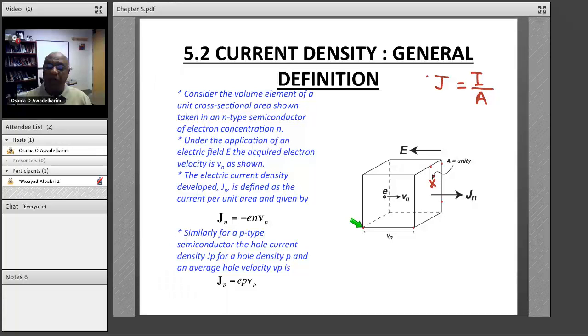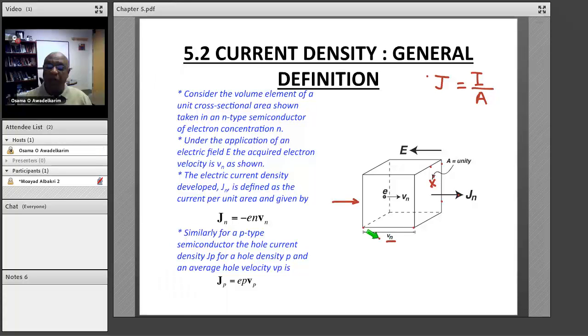Now V is velocity or speed, n for electron, negative. So let's assume that this box contains electrons, and electrons are coming from this left side entering this box, and they emerge or come out from this right hand side. Let's assume that the average velocity of these electrons coming in is V sub n.